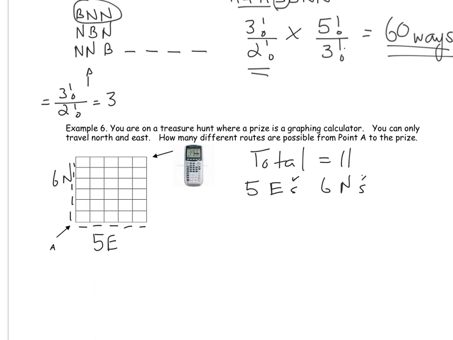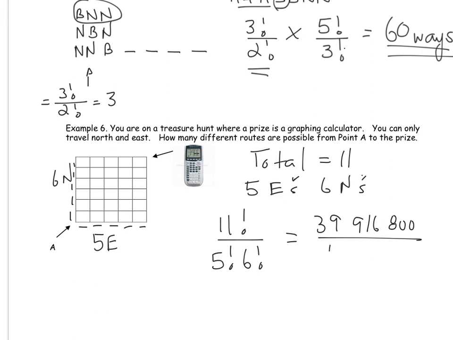Doing that, we can see that this will work out to be 11 factorial over 5 factorial divided by 6 factorial, which gives me, again, 39,916,800 divided by 120 times 720, or you can do the factorial notation straight in your calculators, and we get 462 different ways of getting there.